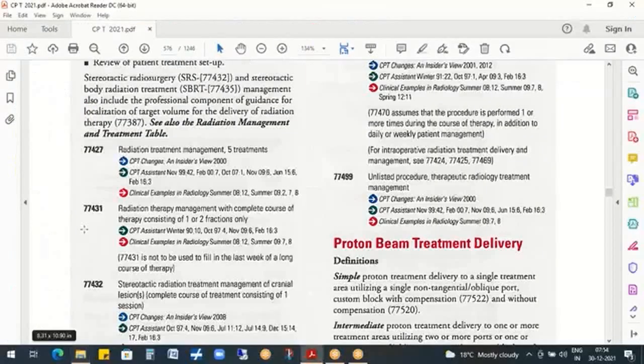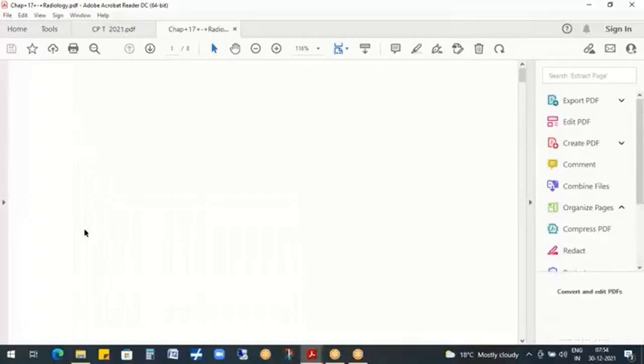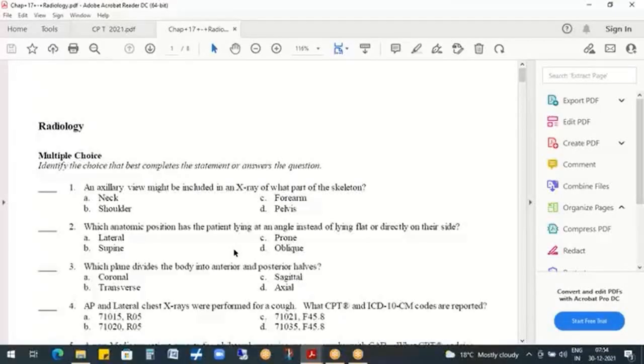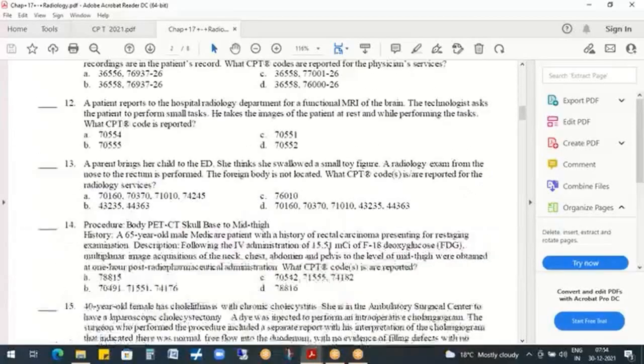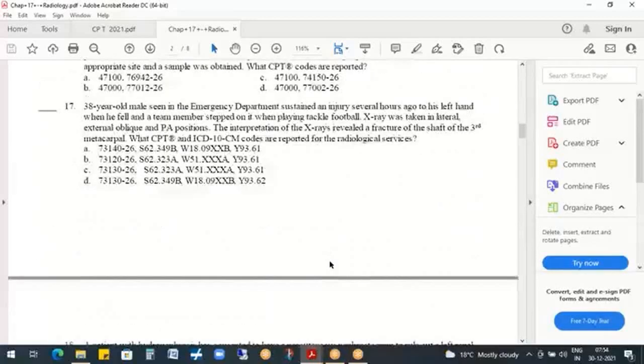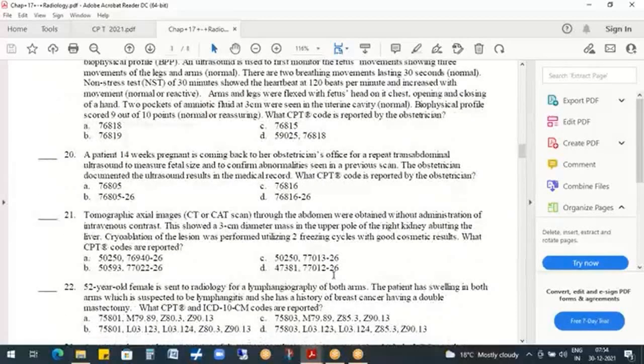If you are getting a radiation oncology question, is it planning, simulation, delivery, dosimetry? If it is planning, again look for the number of treatment areas. These are the key terms. You understood, everyone?